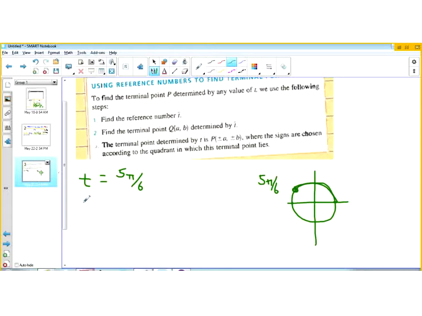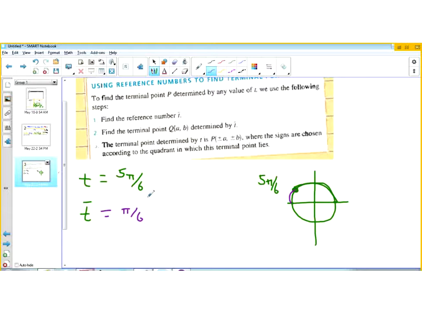We know then that our reference number is the shortest distance from the x-axis to the terminal point. And that shortest distance is pi over 6, because in quadrant 2, the terminal number plus the reference number, at least when t is greater than 0, must equal pi.